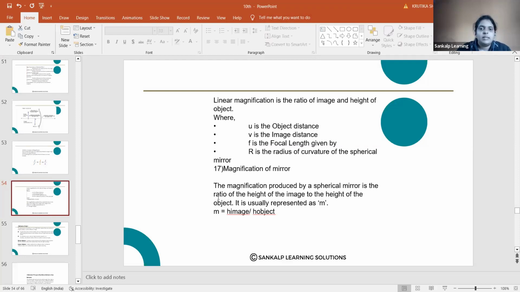Here we have two formulas to calculate the magnification of the given object. The magnification is denoted by the letter M. This magnification is equal to the height of the image to the height of the object. The height of the image to the height of the object is called magnification.